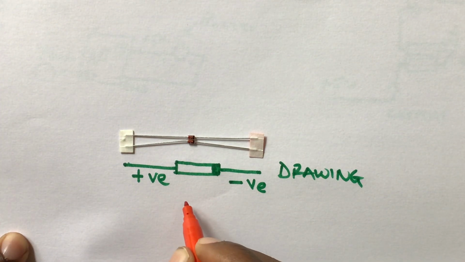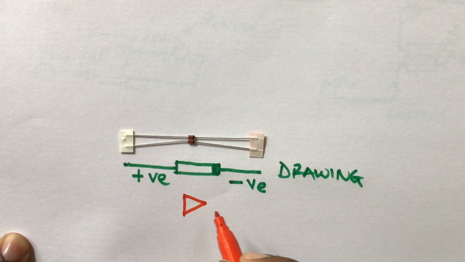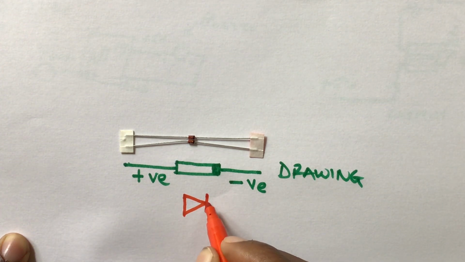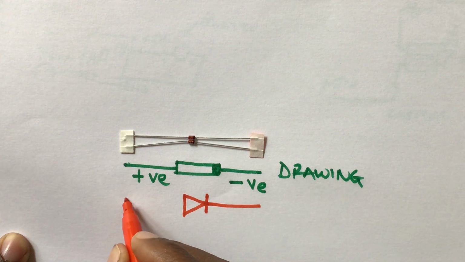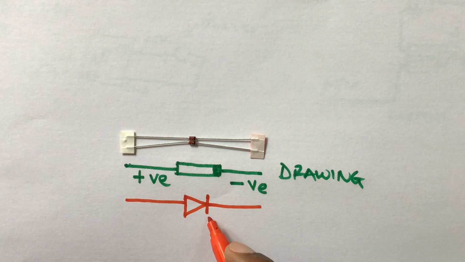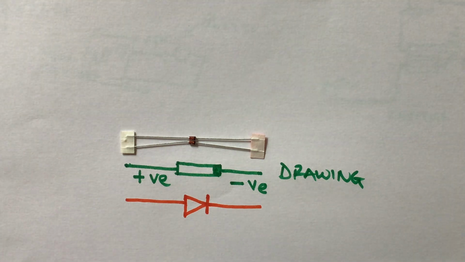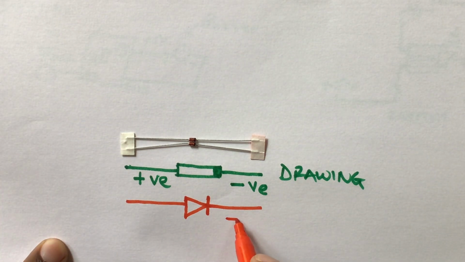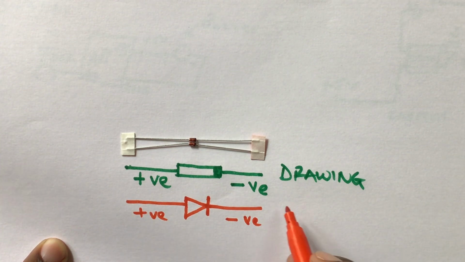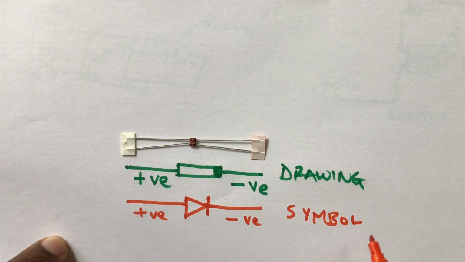The positive side looks like this, and the negative side has a band. So where you see a band, that's the negative side of the symbol, and where you see this other triangle side, that's the positive side. This is the universal symbol of a diode.